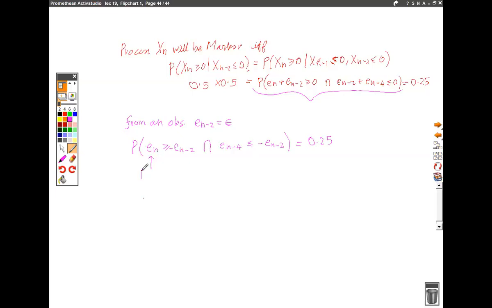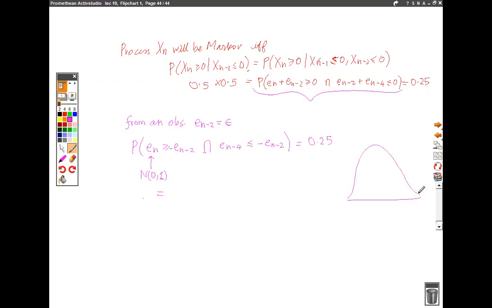And I again know that all of my Ens just follow normal with 0,1. So I can use this assumption that I have made about my Ens, about my error terms, to calculate the chance of this event happening. So we have an intersection here, which means I'm going to multiply. So now this can be written as, so I have that En takes a value greater than or equal to minus of some number.